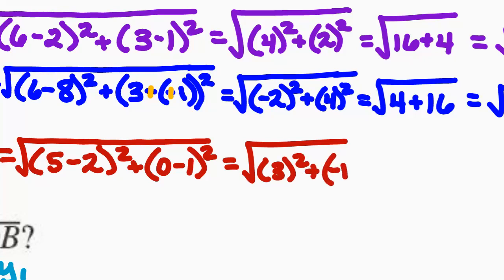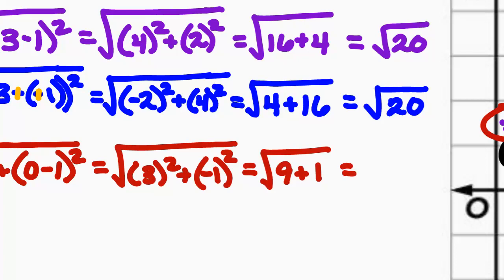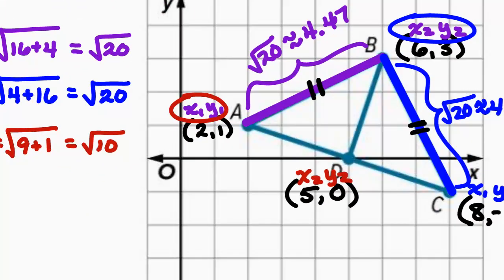And 0 minus 1 is negative 1, so negative 1 squared. 3 squared is 9, so underneath my radical I have 9. Negative 1 squared, negative 1 times itself, negative times negative gives me a positive 1. So this is the square root of 10.